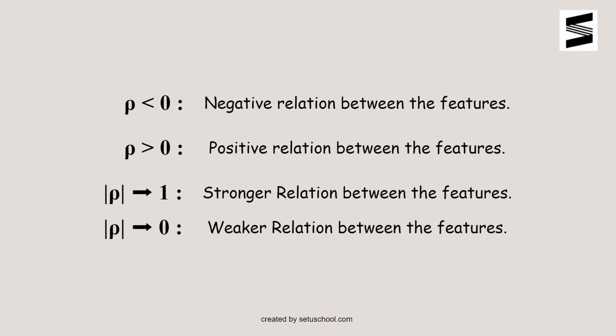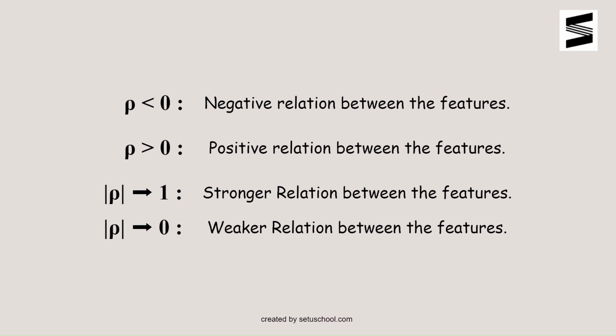If rho is less than 0, this implies that there is a negative relation between the features, and by a similar argument, if rho is greater than 0, it implies there is a positive relation between them. As the absolute value of rho tends to 1, the relation becomes stronger, and as it tends to 0, a weaker relation exists among the features.